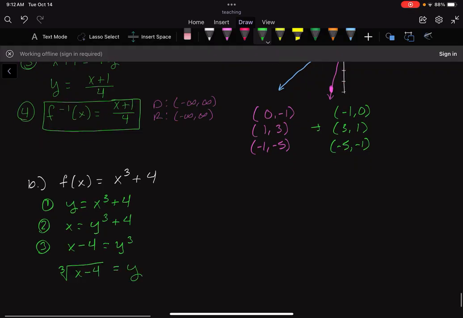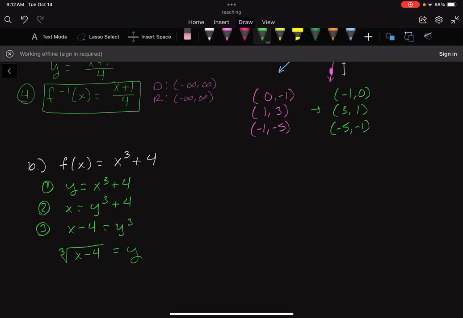So I get y equals the cube root of x minus 4. And then I like to change my notation. Oh, sorry, I still wrote y. And there you go. There's my inverse.